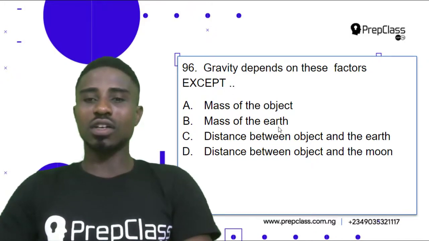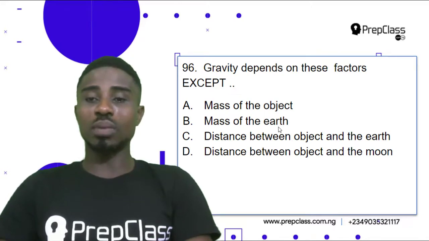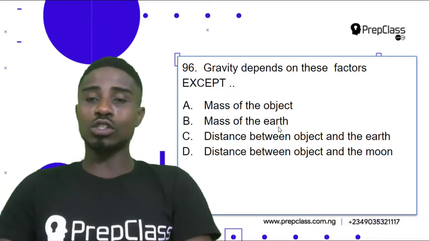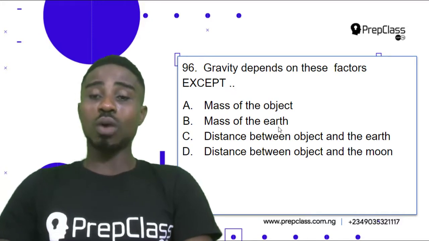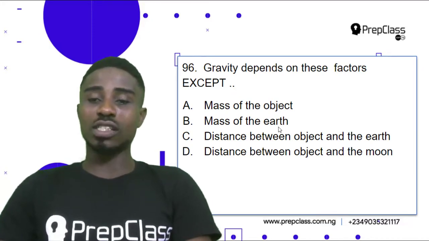For us to carefully select the correct answer, we need to analyze all of the options and see which one best answers our question. Now, when we're talking about gravity, it has to do with a force which tends to pull objects towards the center of the earth. So our question is saying gravity depends on these factors except. A, the mass of the object.